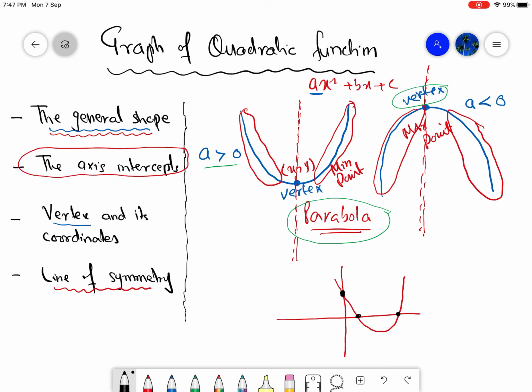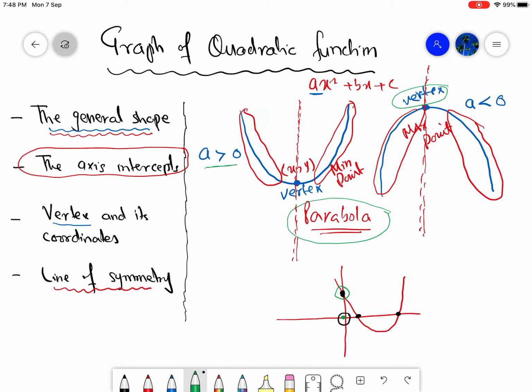So these are called the axis intercepts. We can also find these intercepts by simply factorizing the quadratic function and getting the values of x and y. You can easily get the x values when y is 0, and you can easily get the y value when x is 0. So we will see how we will work them out.